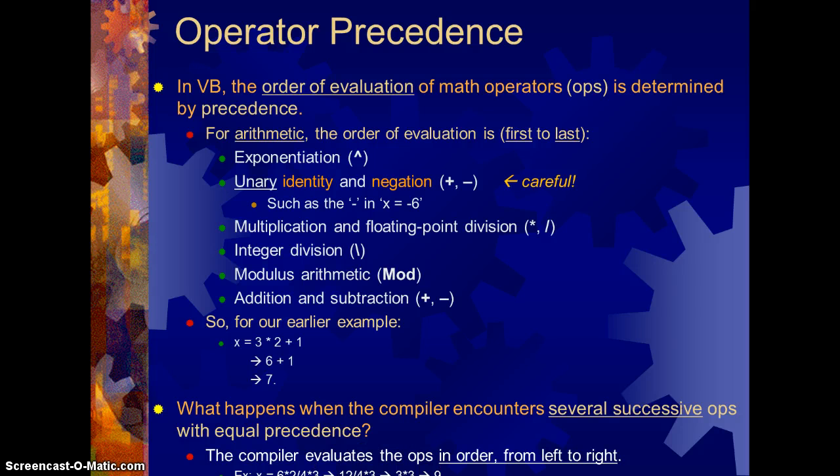This says 6 times 2 divided by 4 times 3. First we do 6 times 2, which gives us 12. Then it'll be 12 divided by 4 times 3. So the 12 divided by 4 happens first. We get 3, times 3. So the answer is 9.